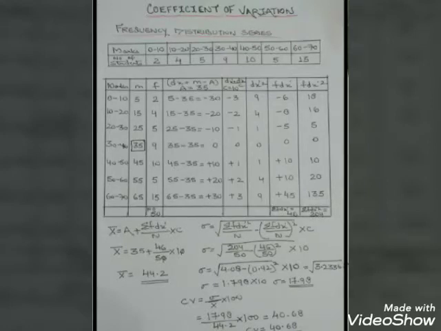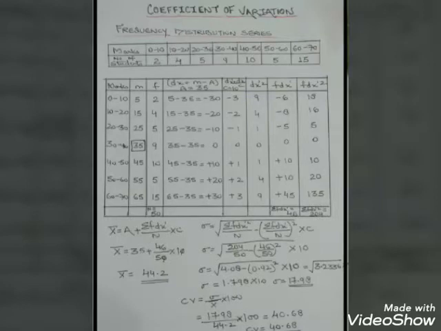The marks go like this: 0 to 10, 10 to 20, 20 to 30, 30 to 40, 40 to 50, 50 to 60 and 60 to 70, and the number of students scoring the different marks are 2, 4, 5, 9, 10, 5 and 15. Now we will put this data into a table.